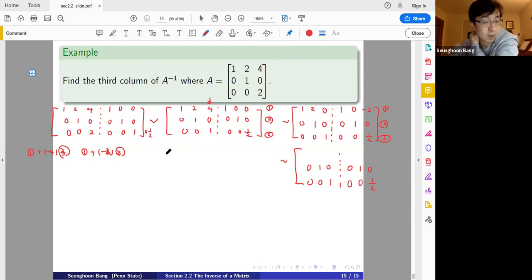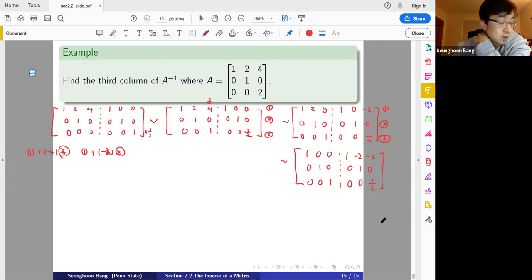So here, for the first row plus negative 2 times the second row, you keep 1, then 0 and 0, this is 1, this is 0. For the second row, negative 2 times 1 is negative 2. So 0 times negative 2 is 0, plus negative 2 is negative 2.